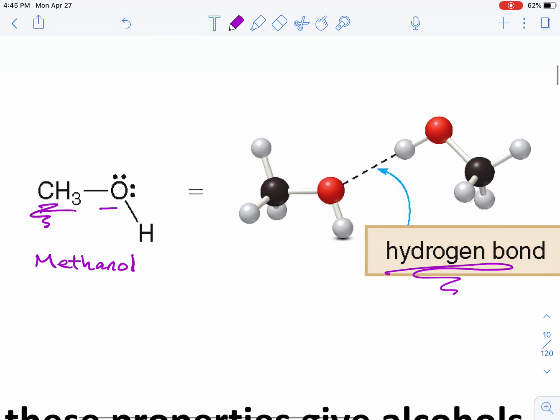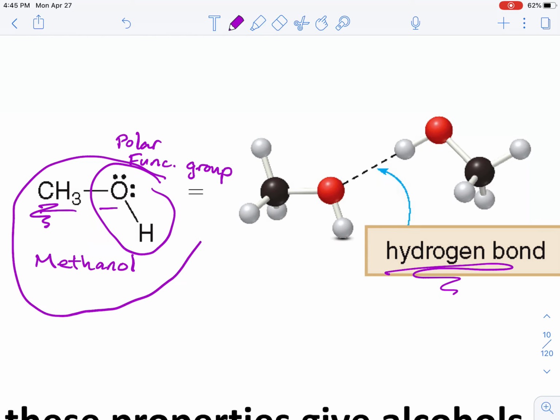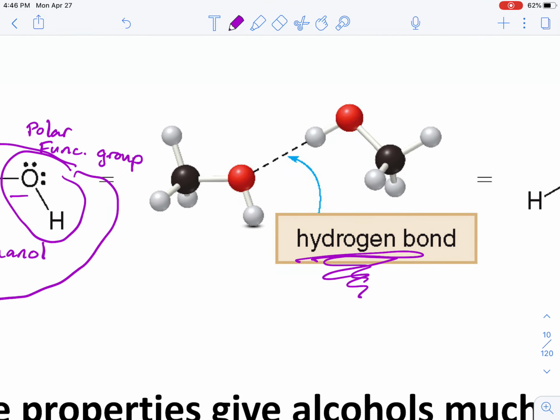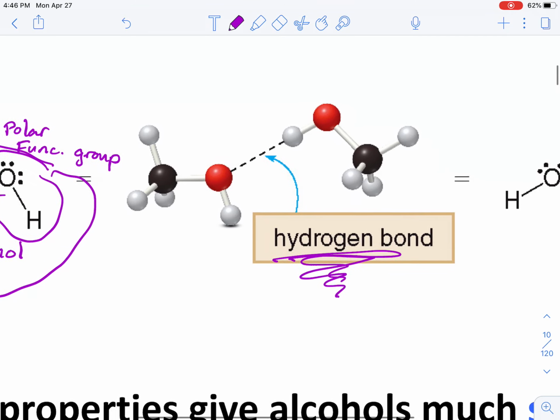And so the addition of a polar functional group allows that whole entire molecule to be able to hydrogen bond with other polar molecules.